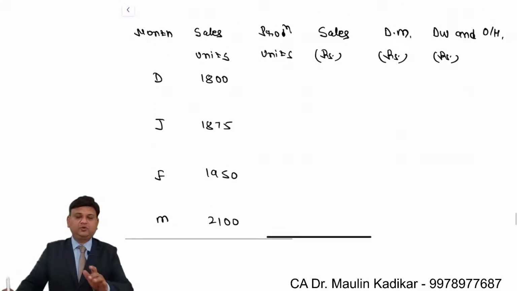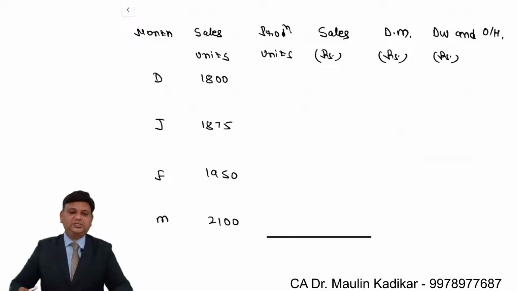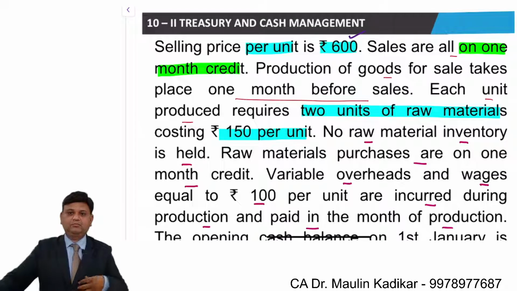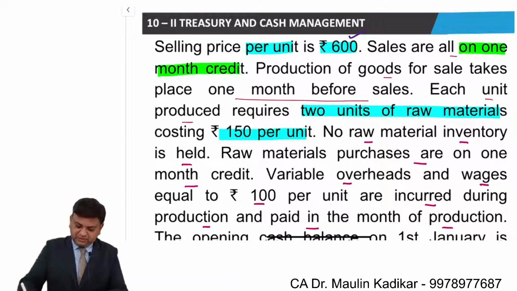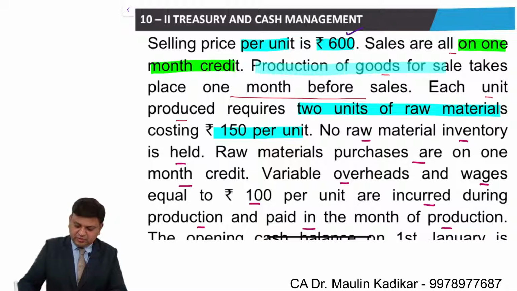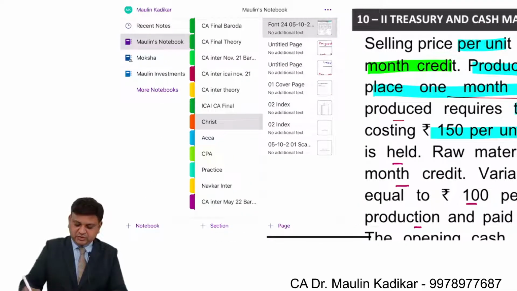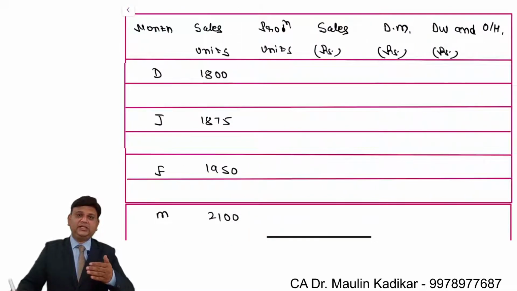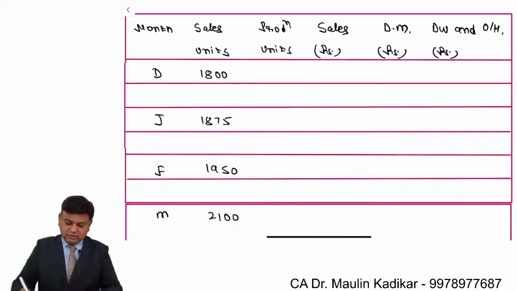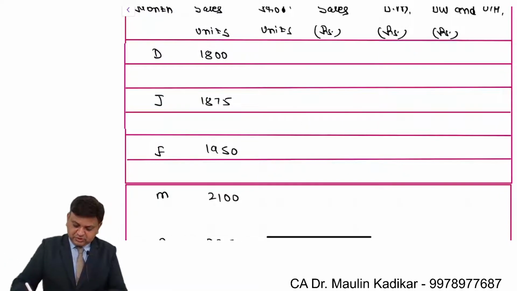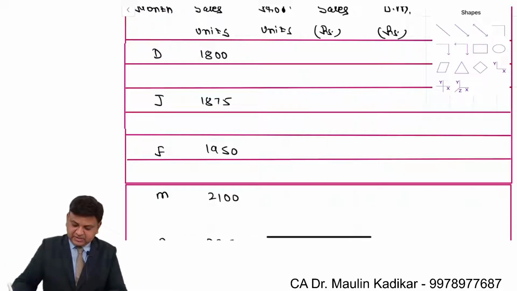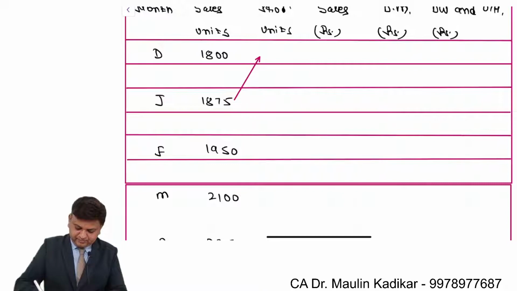I request all of you to fill up the production units column. So the question is providing the information that production of the goods takes place 1 month before the sales. So whatever the units that we are going to sell in the month of January, that we are going to produce in December. So we will be having a working like this. It is 1875.